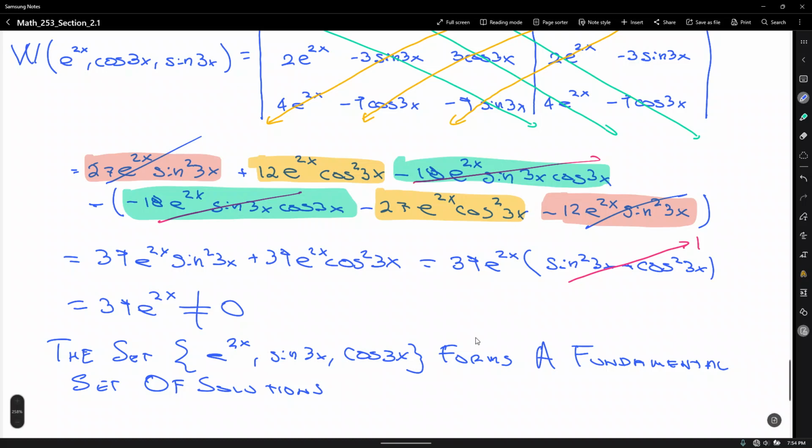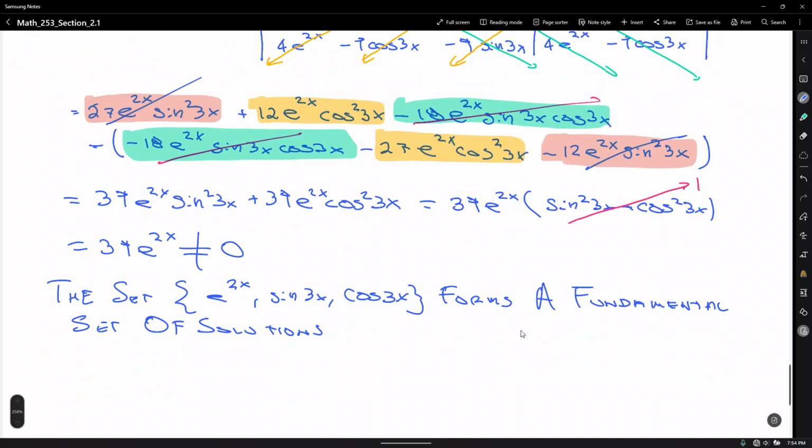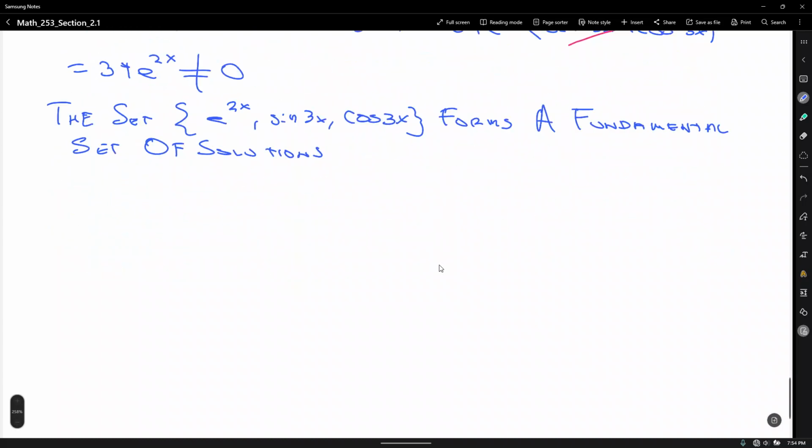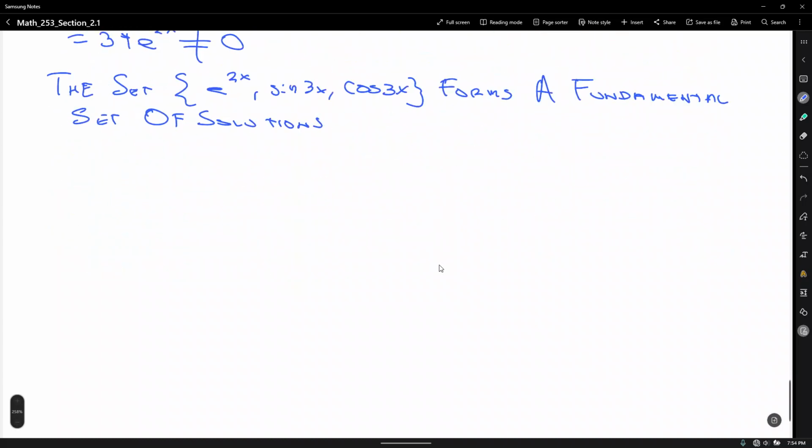All right. Even though we don't have anything else on the notes, let me show you an example of how something would not be a fundamental set of solutions. For instance, example 4, let's try e to the 2x and 3 e to the 2x.